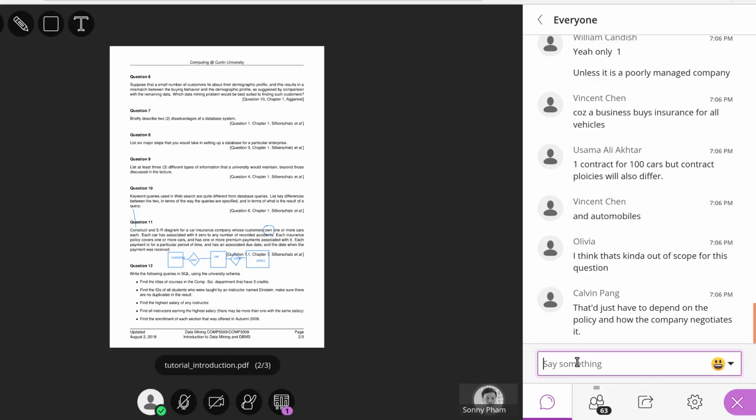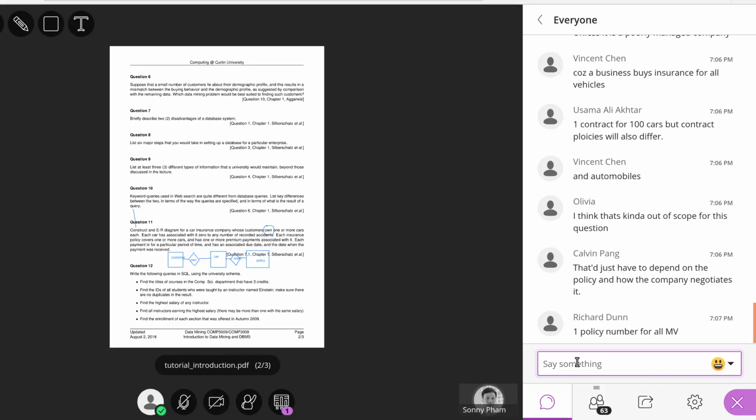But as a database designer, what we are interested in is a design that will work for many cases. Anyway, that discussion is interesting.